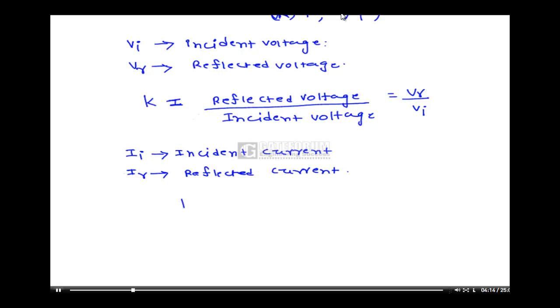Then the reflection coefficient K is equal to minus IR by II. This is the negative of reflected current by incident current, whereas for voltage it is positive, VR by VI.